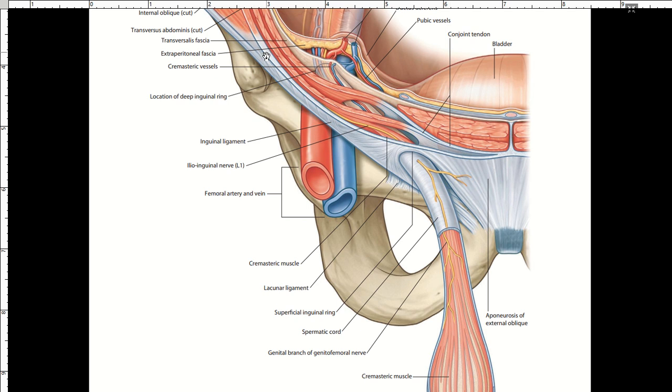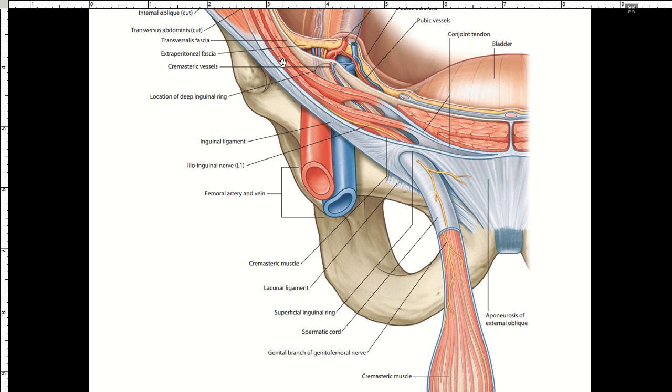The anterior wall entirely is going to be made by the external oblique. So you can actually see the aponeurosis of the external oblique right here. Good. And then laterally, the lateral one-third of the inguinal ligament is the origin of the internal oblique.